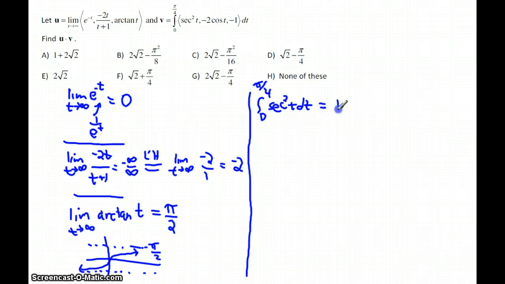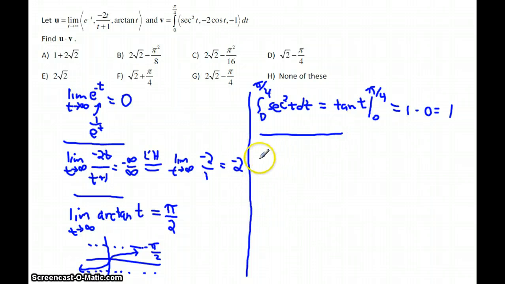And so we just have tangent of t, evaluated from 0 to pi over 4. Tangent of pi over 4 is 1. Tangent of 0 is 0. And so the first component of v is 1, but we actually don't even care because it's going to be dotted with u, and the first component of u is 0. So actually we could have not even done that part.